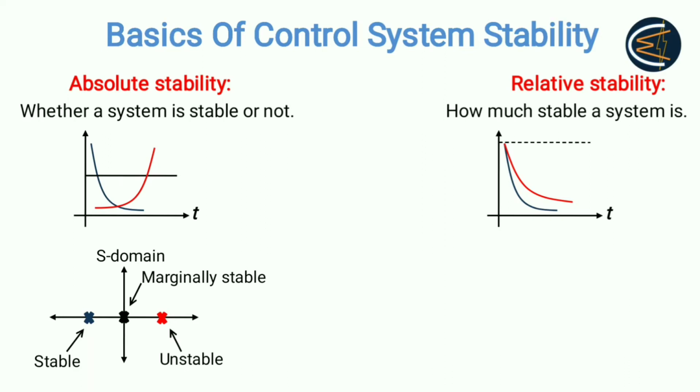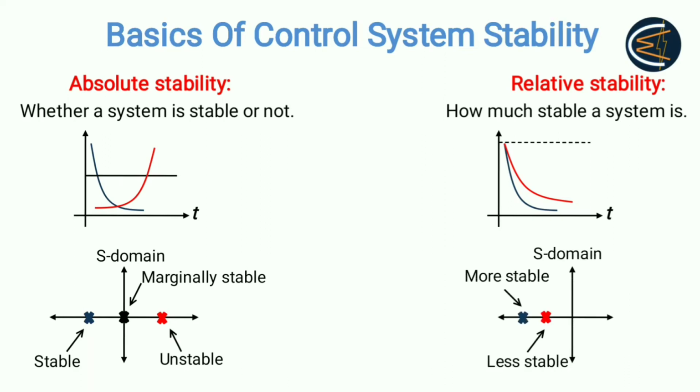So if you plot the poles on the S domain, what will you get? See, this red pole corresponds to this red curve. So this pole is closer to the j omega axis. Because everyone knows that the higher the system stability, the farther will be the pole with respect to the j omega axis.